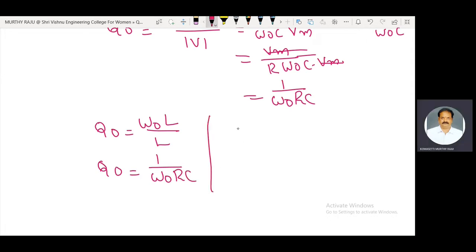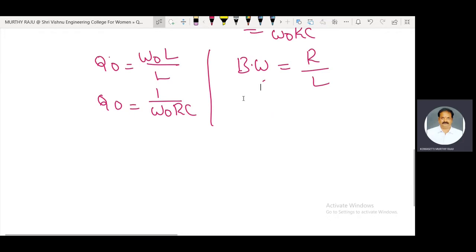In the last video I already derived that the bandwidth of the circuit is R by L. Now let us find the relation between the quality factor and the bandwidth of the series resonance circuit.